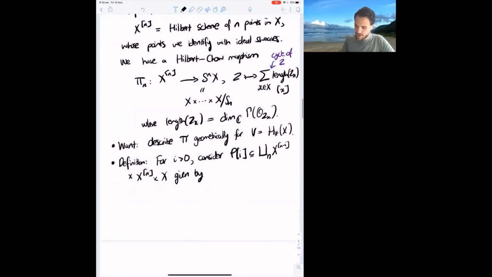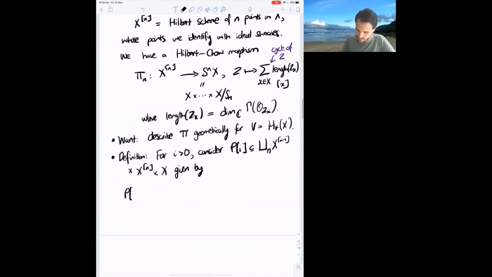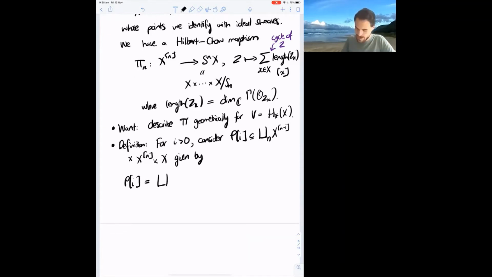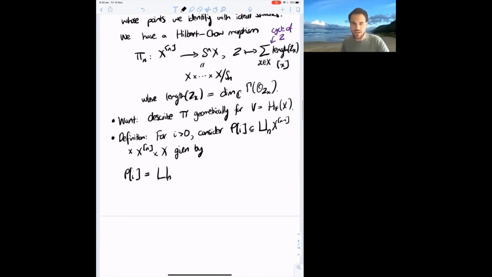We're going to define the following thing. Pi is equal to a disjoint union over n. The disjoint union over n is really just notation, in a sense, where we're always going to be interested in fixing n to a certain degree. The first two coordinates are something in the Hilbert scheme of n minus I points and something in the Hilbert scheme of n points.